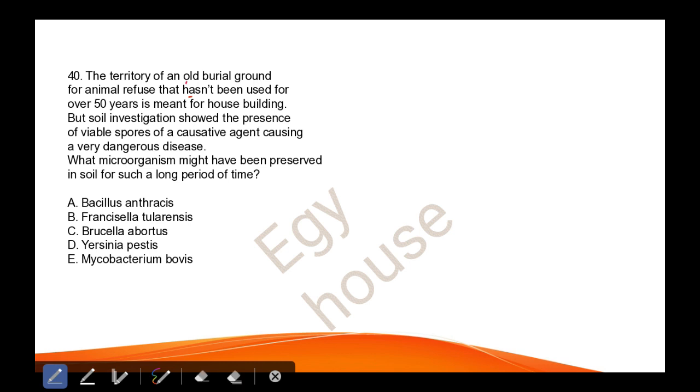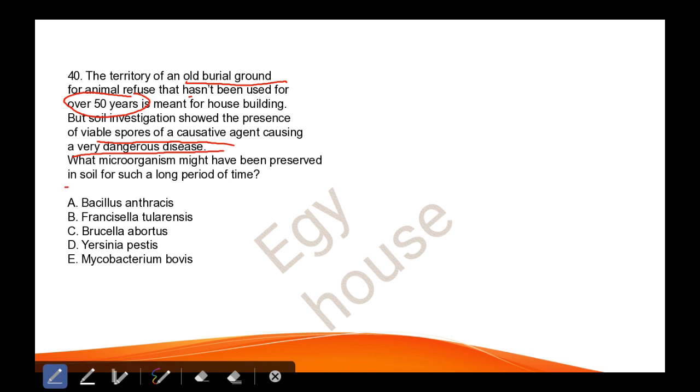In the territory of an old ground, we found some 50-year-old bacteria that have viable spores and can cause a very dangerous disease.